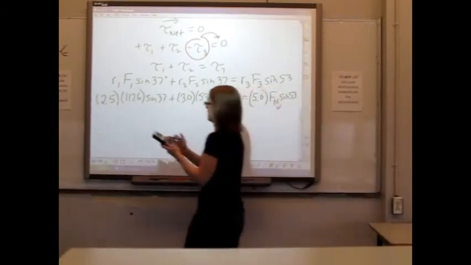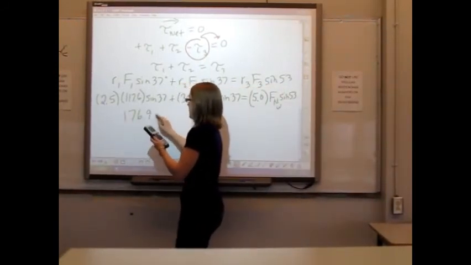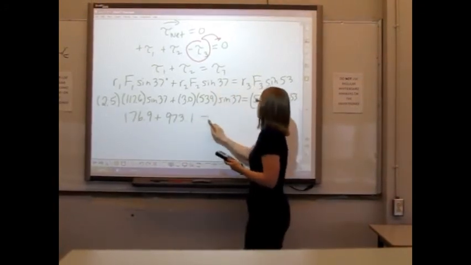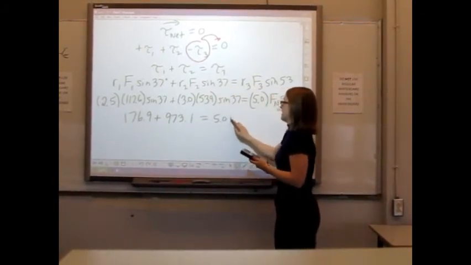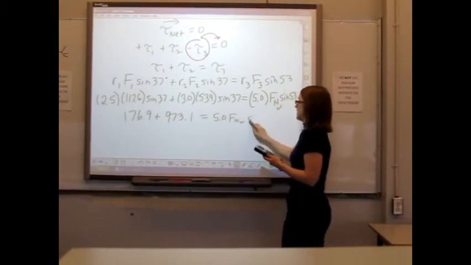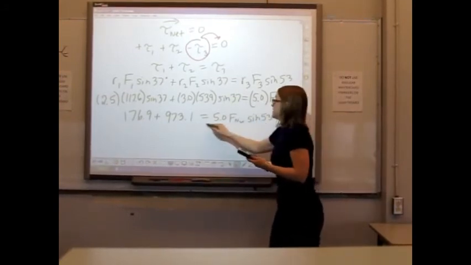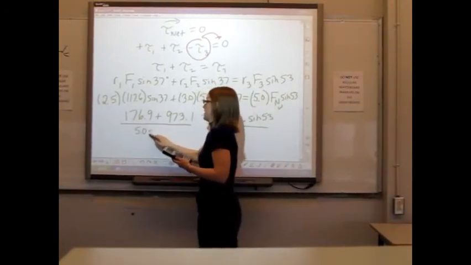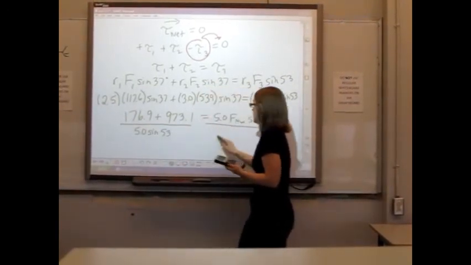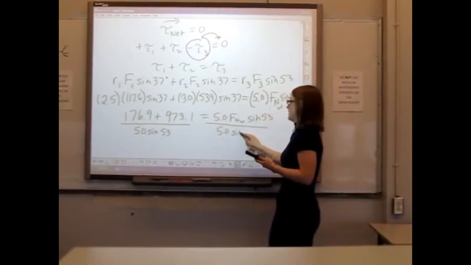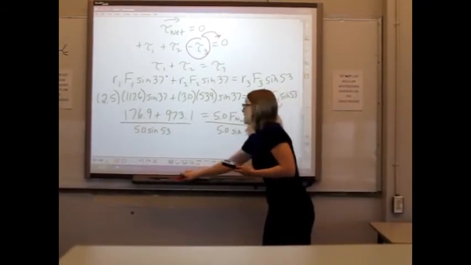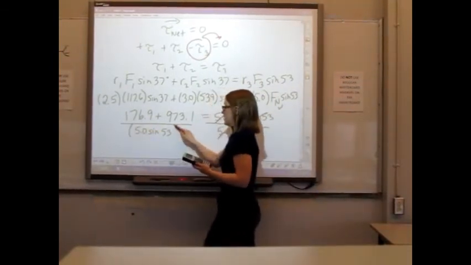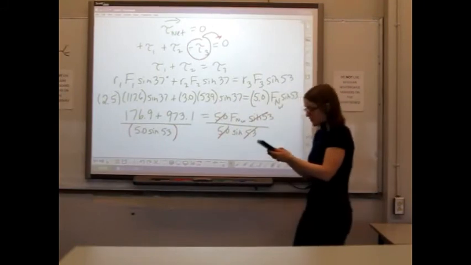So we got 176.9 plus 973.1 equals 5 times the normal force of the wall times sine 53. So we divide both sides by 5 sine 53. And the 5's cancel and the sine 53 cancel.